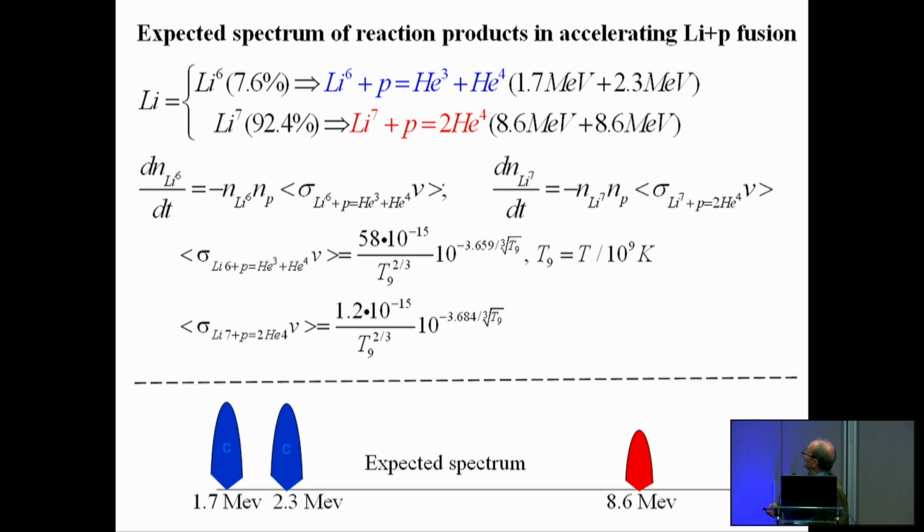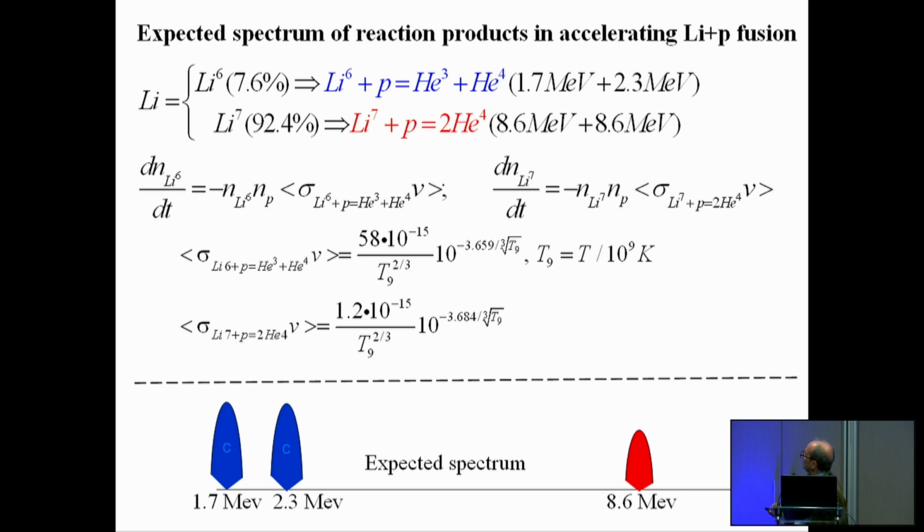So we can use the standard description of the reaction, or calculation of the efficiency of fusion: the concentration of one particle times the other, and the averaged product of cross-section and velocity. Using the standard calculation for this parameter with the astrophysical factor, the S factor is well known.